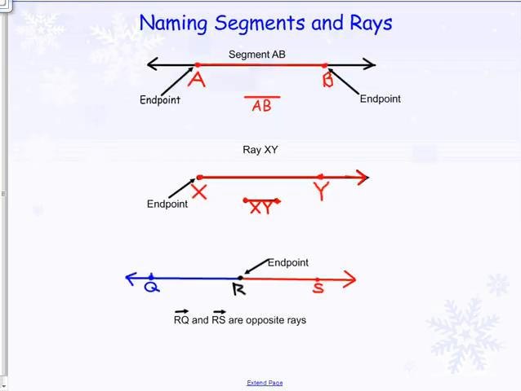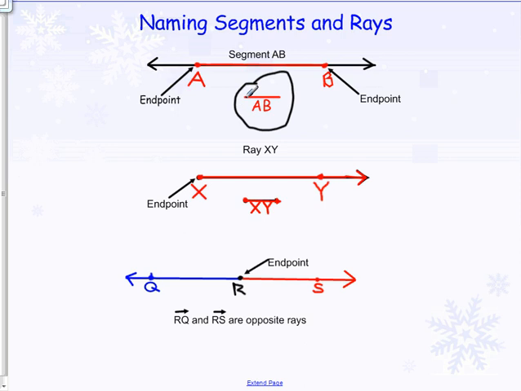So, jumping ahead, we can see that we have segment AB, because we have an endpoint and an endpoint, and so we would write that as segment AB just like this.